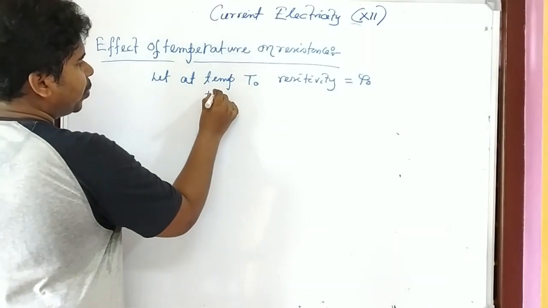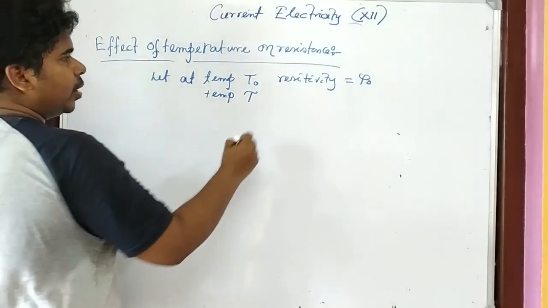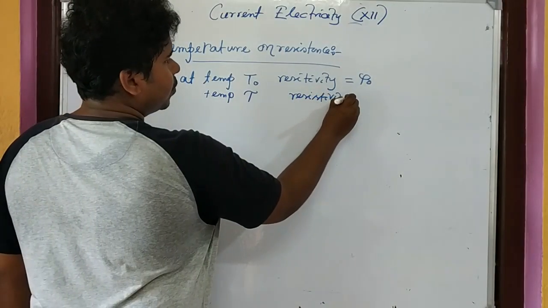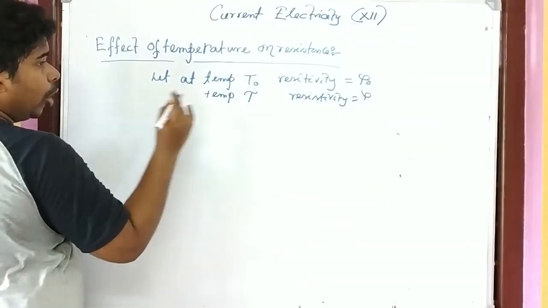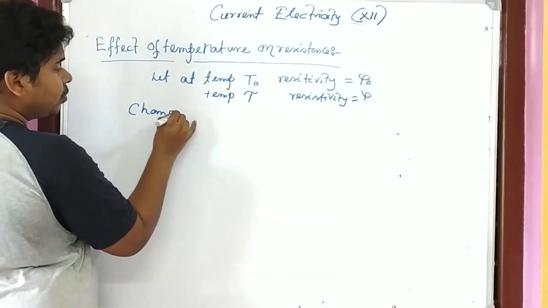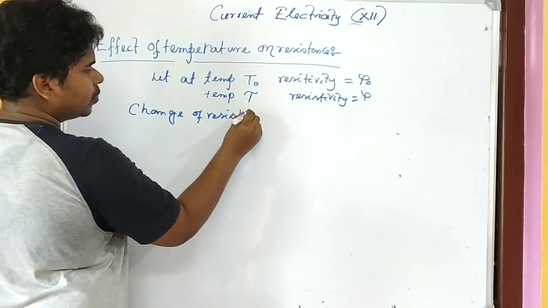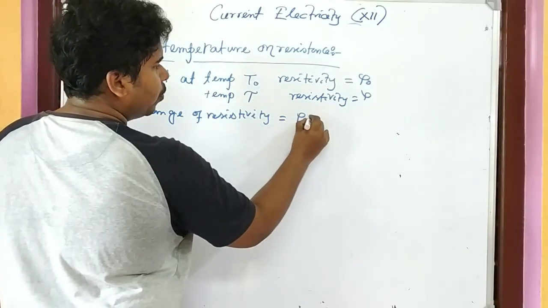At temperature T, the resistivity equals rho. Now, how much does the resistivity change? The change of resistivity is rho minus rho 0.